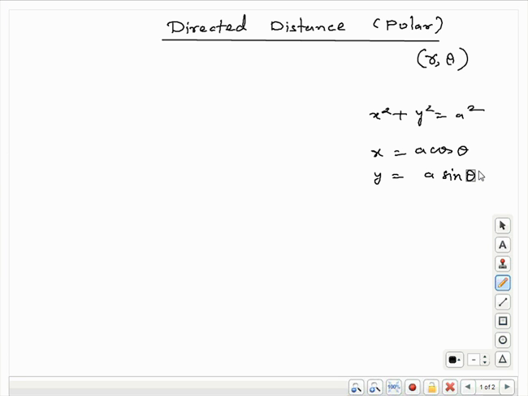So if we say a is positive, then xy can be negative also depending on theta due to the behavior of cos and sine.